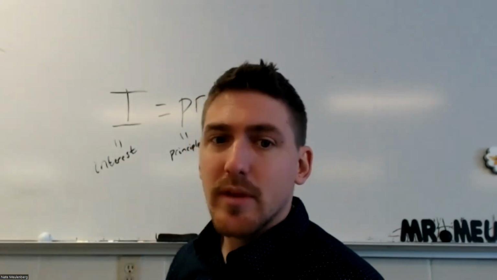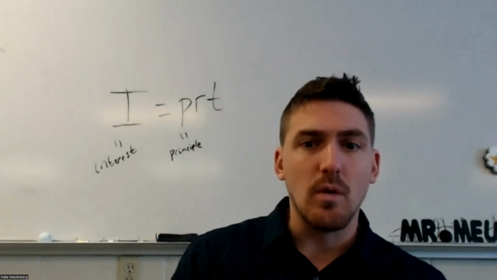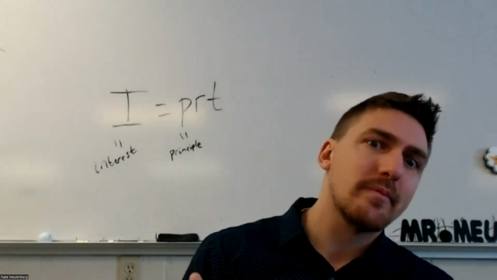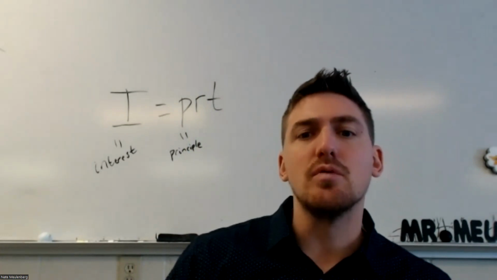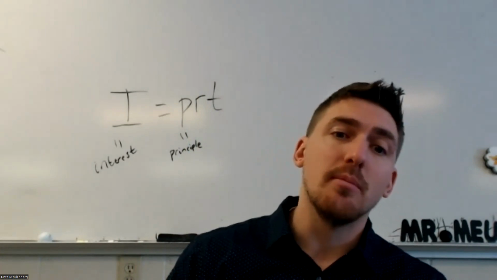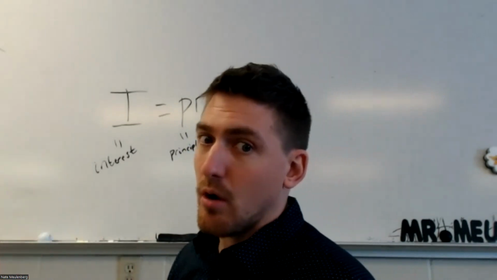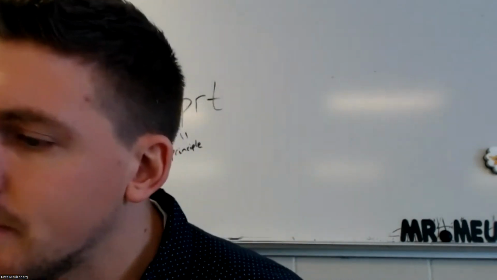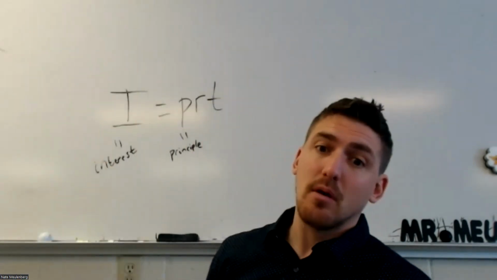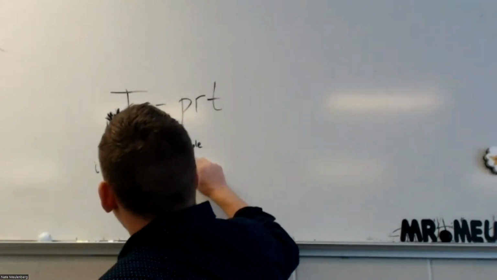It's basically the amount that you put into the bank that you're going to invest. Or if you're trying to borrow money to get a vehicle or a house, the principal is the amount that you are borrowing. So what does the book say? The book says it's the amount of money invested or borrowed. So we're just going to put amount.